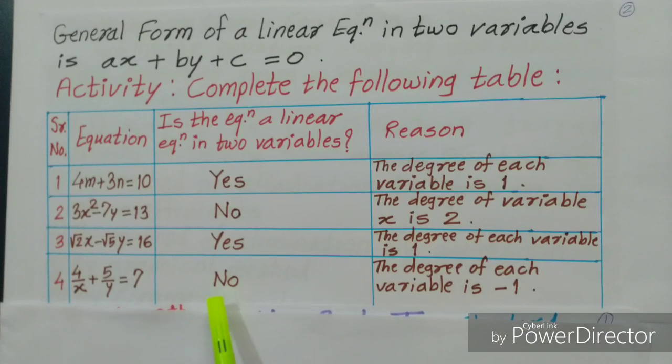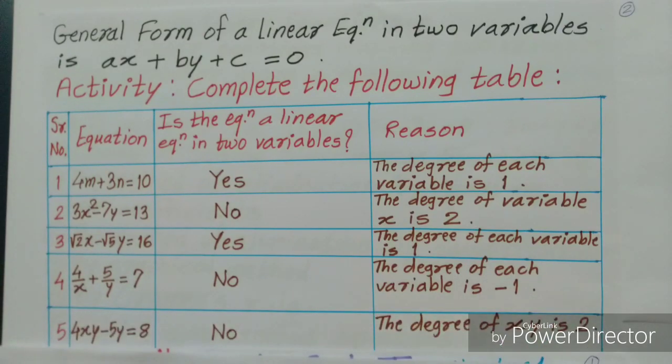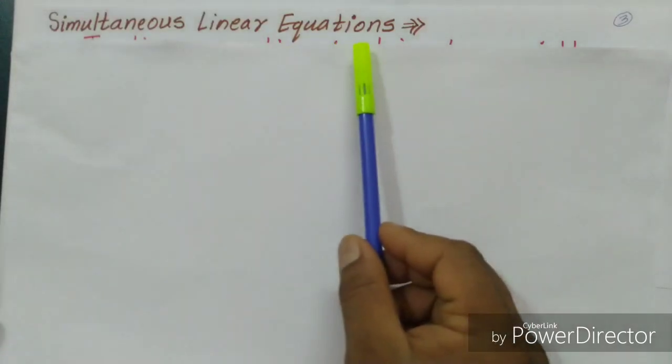No, because the degree of variables x and y is -1. Next equation is given. Is it a linear equation in two variables? No, because the degree of the xy term is 2.